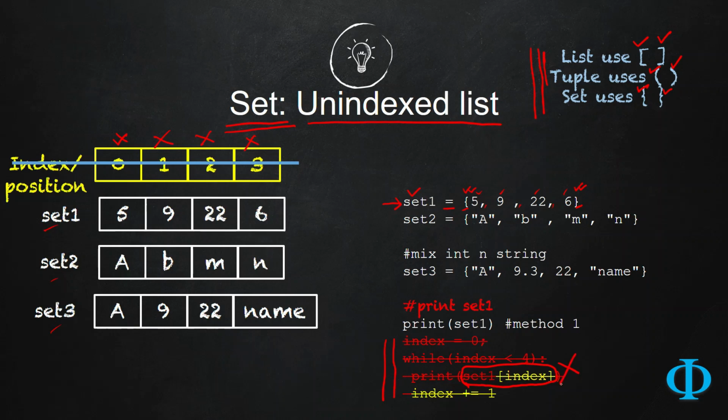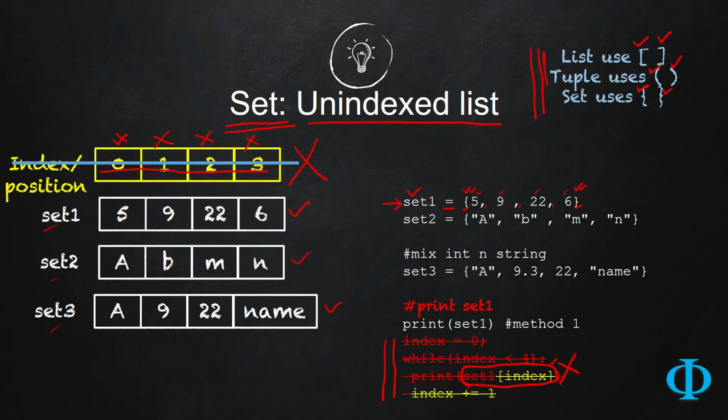This is not possible in case of set, because this is just a group of elements and there is no concept of index in here, and they are just stored as a group of elements somehow in the backend. We are not going into the detail of how they are being stored in the backend, but just remember there is no index for set, and since there is no index you cannot access them using this syntax, set name followed by the index inside opening and closing box brackets.